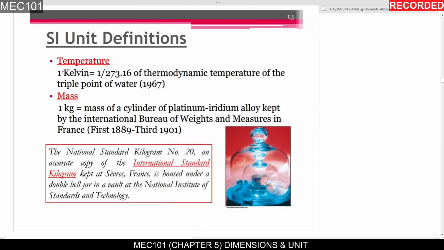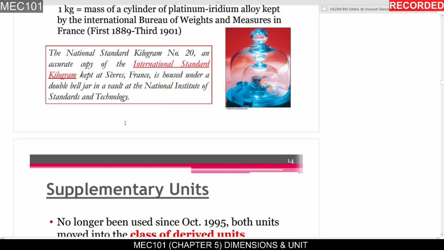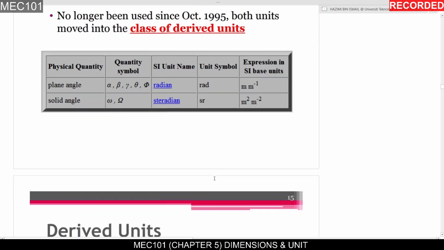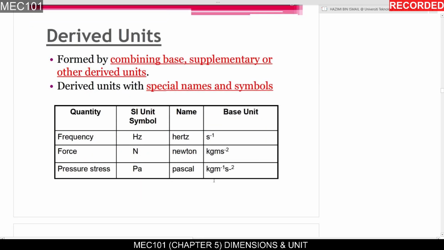Okay, so the temperature, blah blah blah, you can read on your own, and mass here, blah blah. Okay, so these are the supplementary units that are no longer used. You can see here.